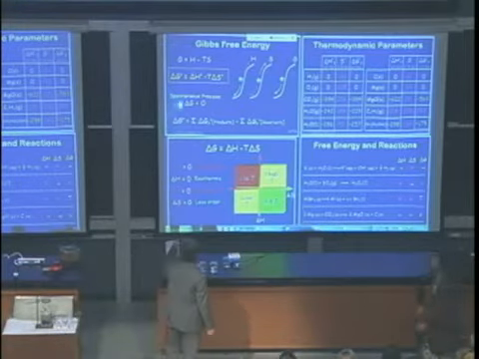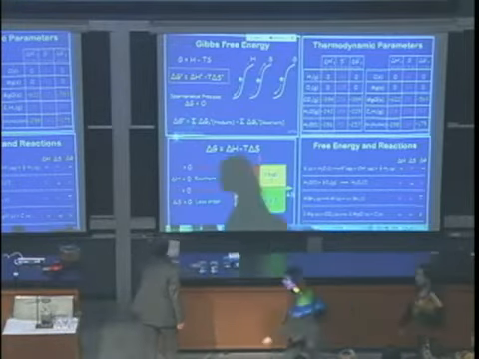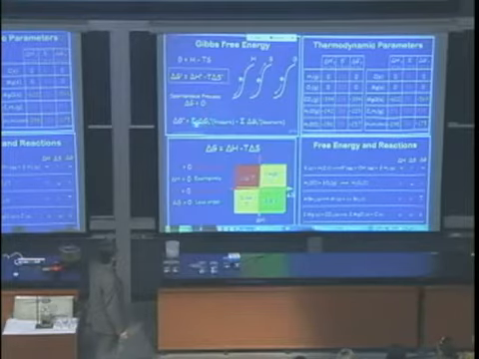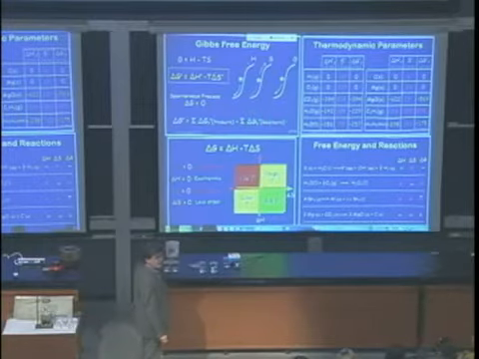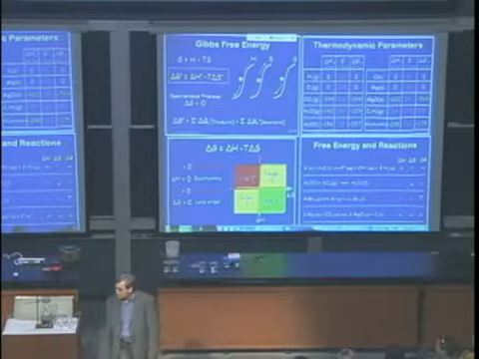So in order to calculate the change in free energy, and we omit the word Gibbs, the change in free energy at standard conditions is the sum of the free energy of formation of the products, minus the change in free energy of the formation of the reactants. And you can calculate those. They are given in tables.